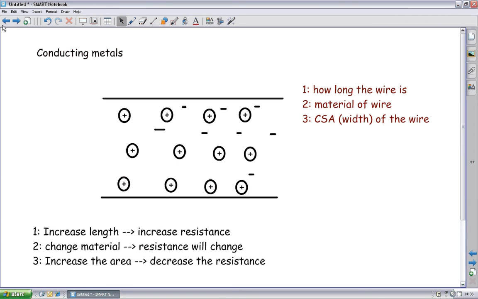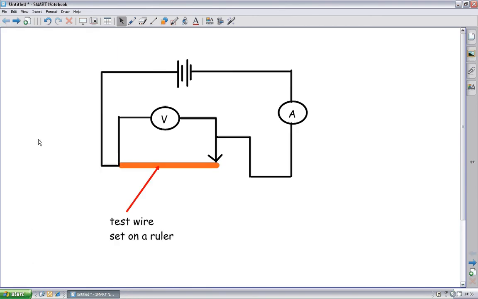Three absolutely key things that you must know about the resistances of wires. Right, now experimentally, if I want to check how all this works, I'm generally only interested in the length one. If I'm an examiner, I'm interested in whether you could do an experiment to change the length of the wire and show that it affects the resistance. This is the experiment you would do. You'd set up a power pack with an ammeter and a voltmeter.